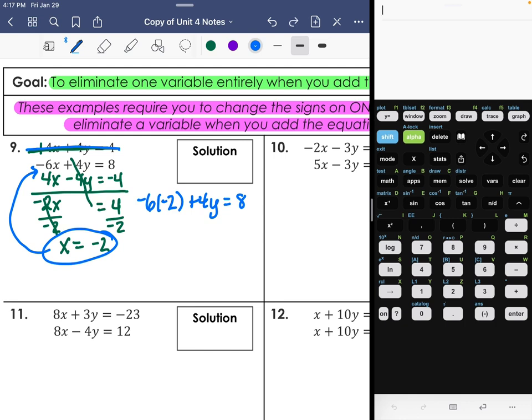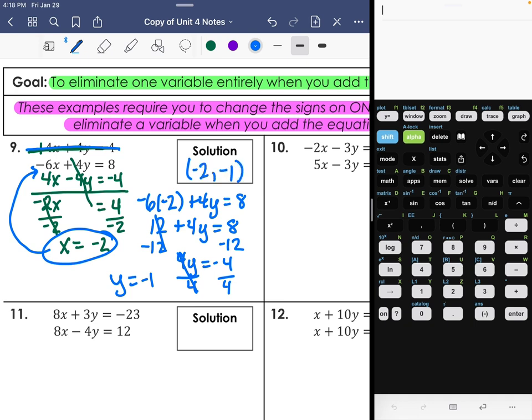Negative times negative, positive 12, plus 4y equals 8. And then I'm going to subtract the 12 from the 8. So I get 4y equals negative 4. Divide both sides by 4. y is negative 1. Negative 4 divided by 4 is negative 1. So my answer for this one is negative 2, negative 1.